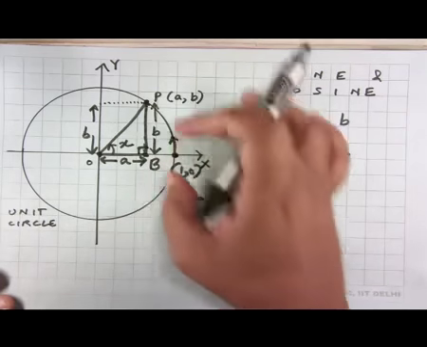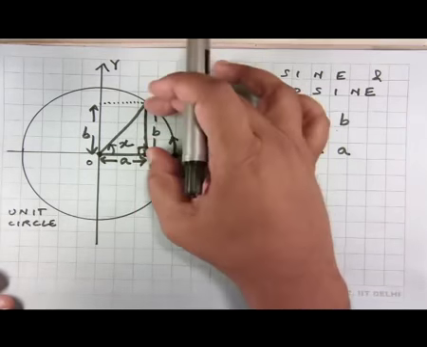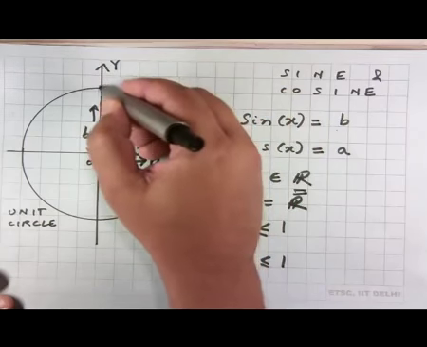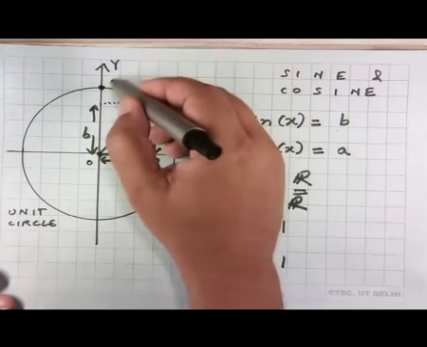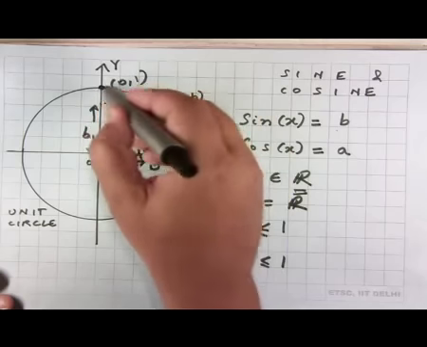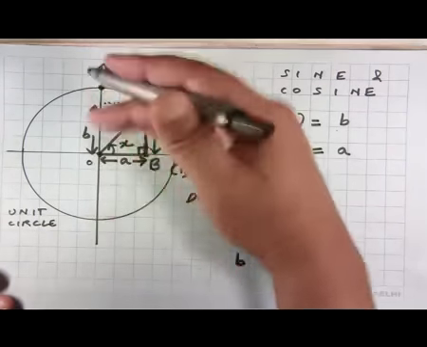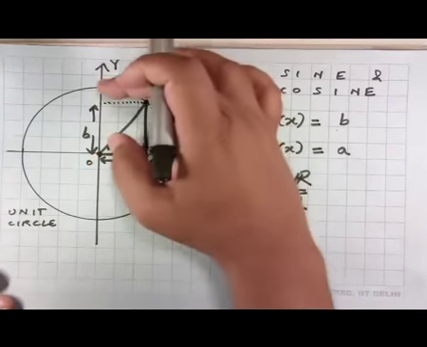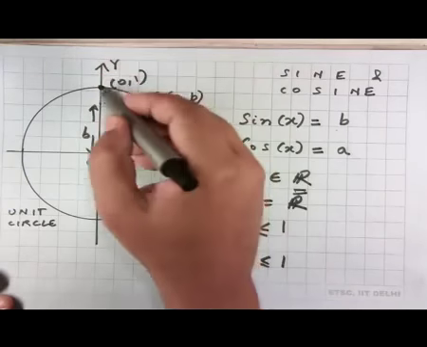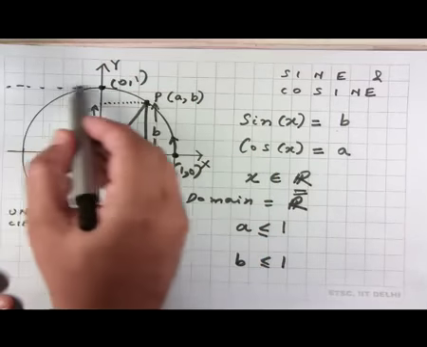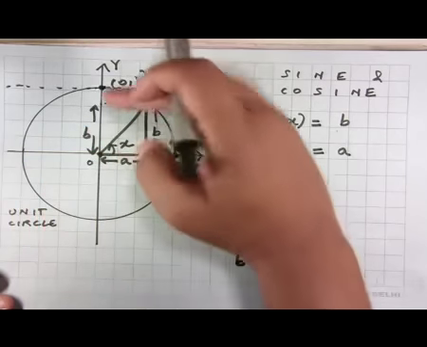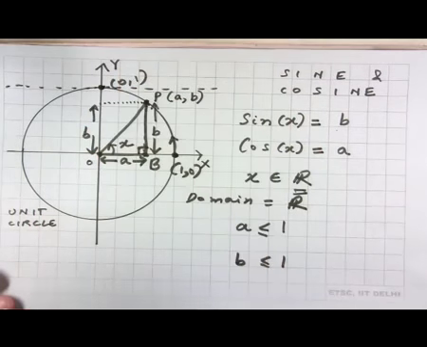Similarly, the y coordinate of any point on the circle cannot exceed this point, because this point is 0 comma 1. So no y coordinate or no point will be above this line. Therefore, b has to be less than or equal to 1.